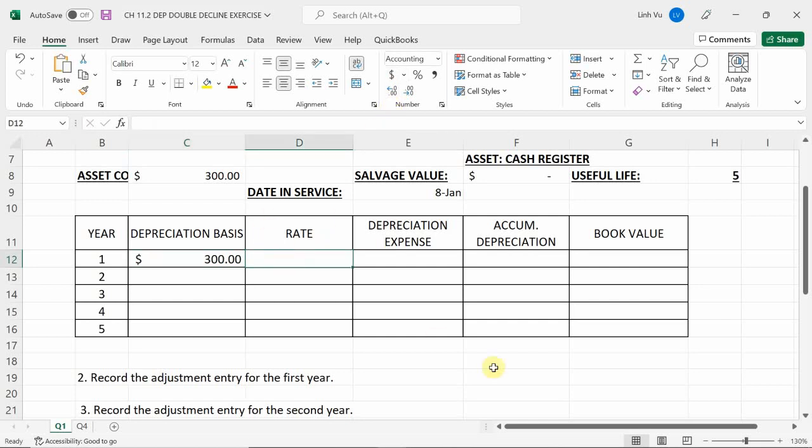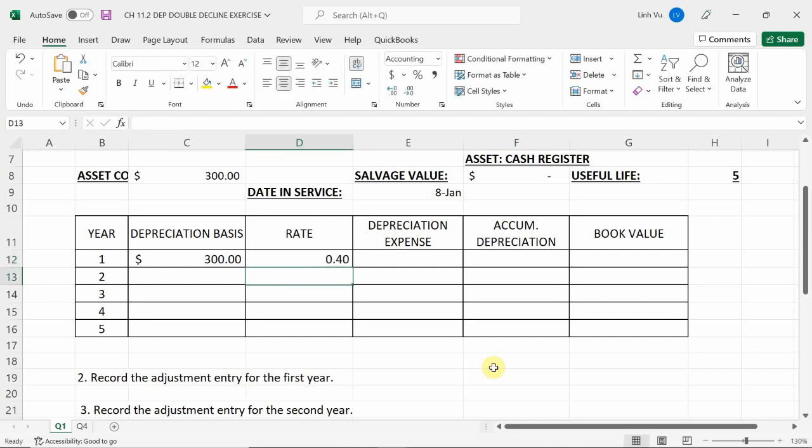All right. What's my rate going to be? It would be 40%, wouldn't it? Because it's 5 years. 1 divided by 5 is 0.2, times 2 would be 40%. Excellent.